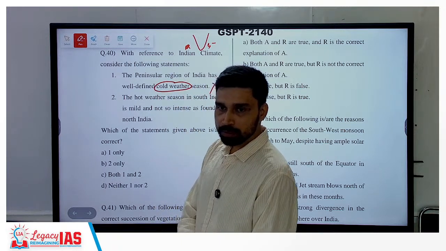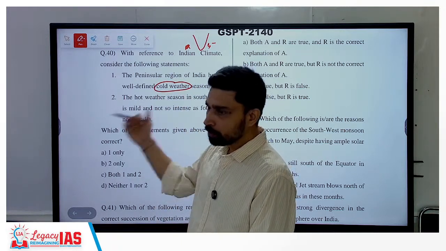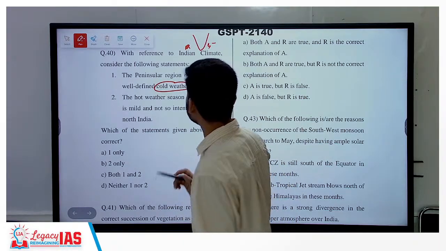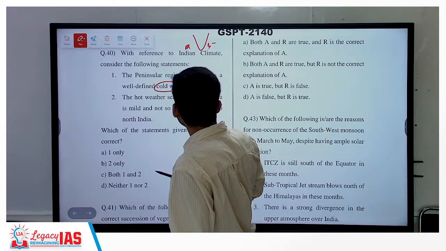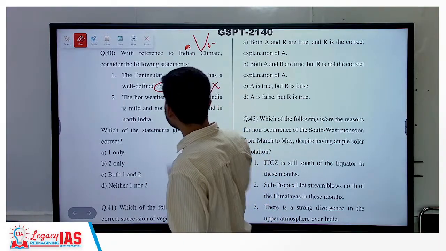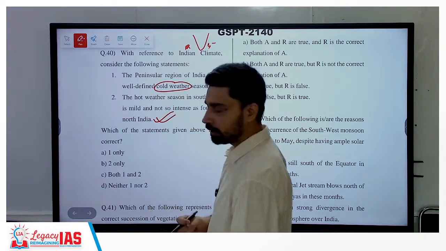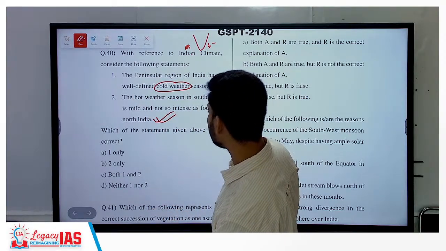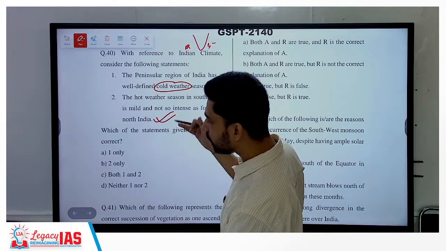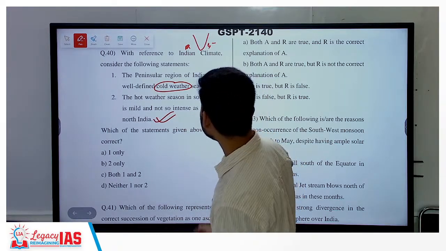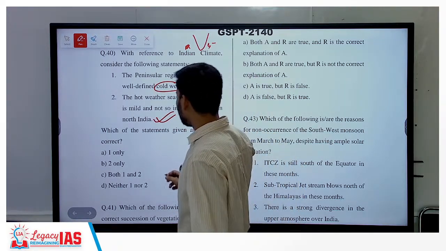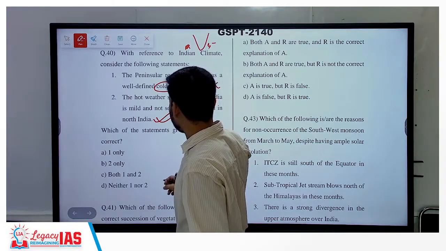So if we talk about the northern part of India, Delhi, UP, Bihar, all these plains, there you have well-defined season. Hot weather season in South India is mild and not so intense as found in North India. Okay, again because of same maritime effect, it ensures that temperature does not rise that much in summer, does not fall that much in winter. That's why you have less intensity.